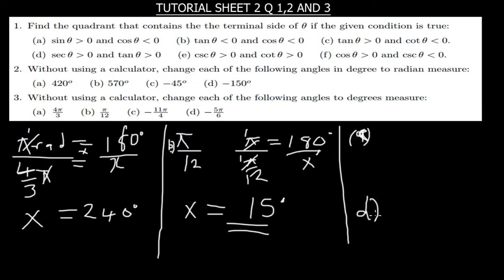Your C should come out as negative 495 degrees, and then your D should come out at negative 150 degrees. So try to solve them on your paper and check if you're going to get the same answers.